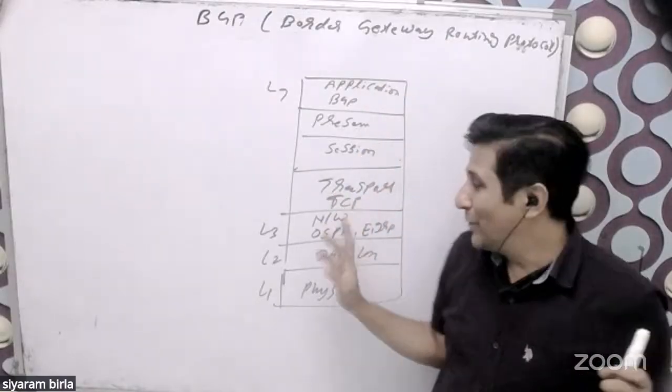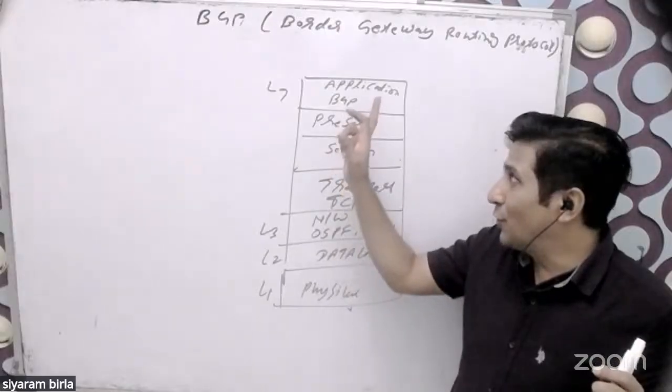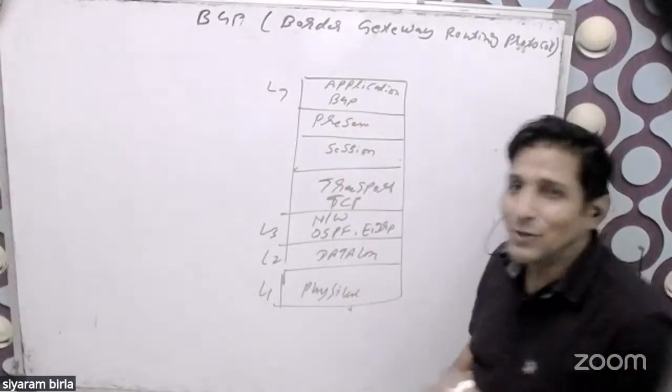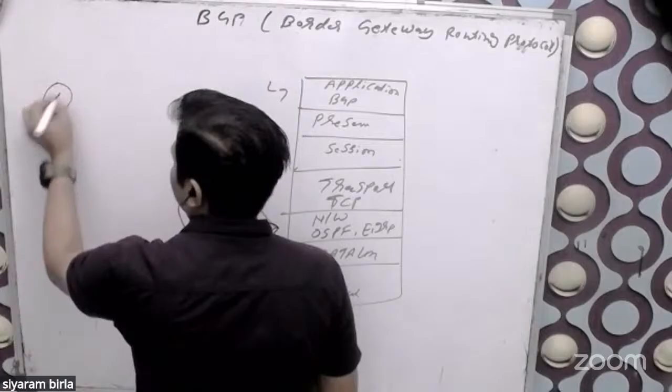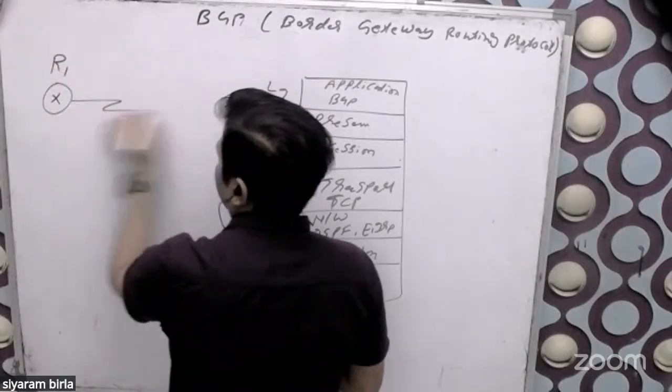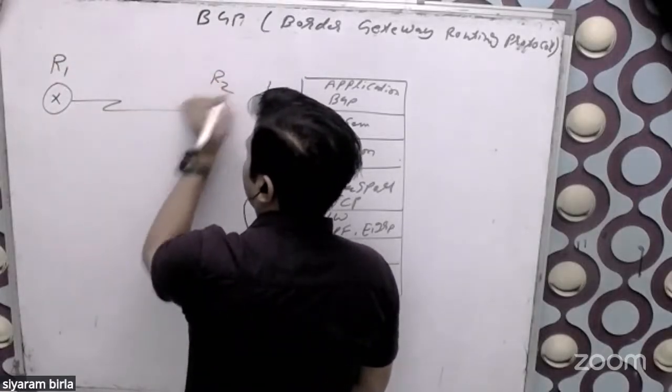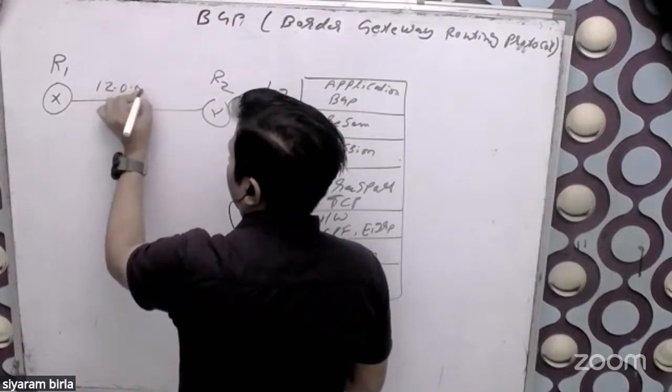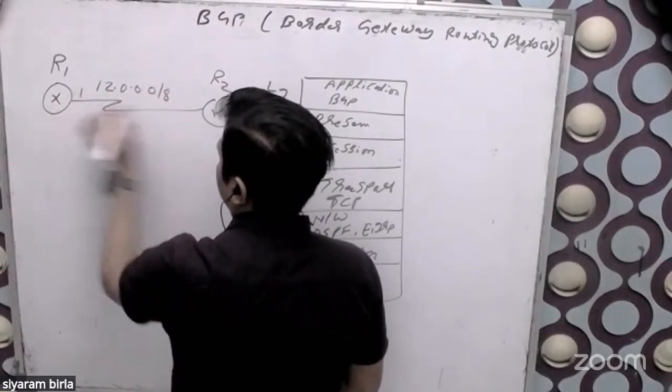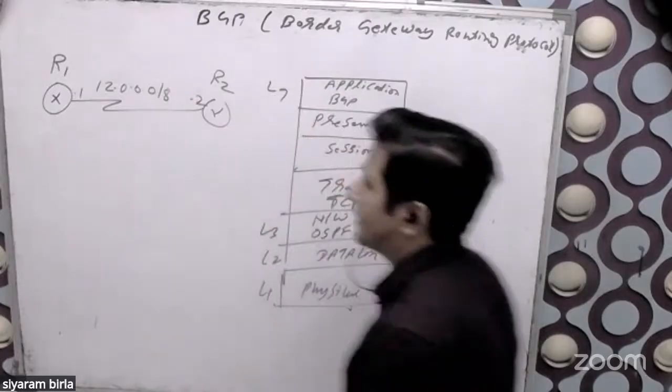Similarly, if you want to make BGP come up, suppose these are the two routers. This is the R1 router, and this is the R2 router, with IP addresses.